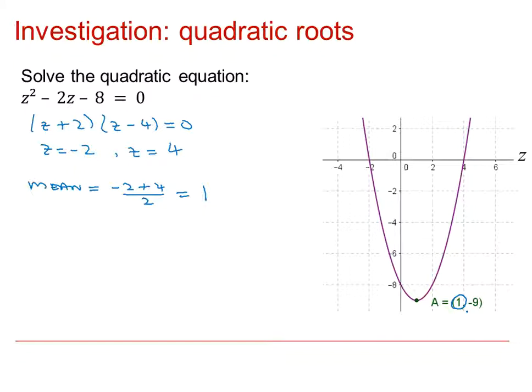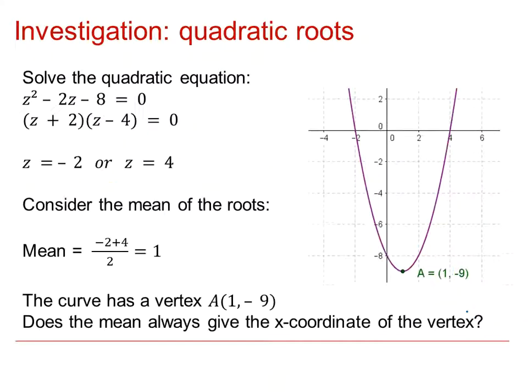So the question is, does the mean of the two roots of a quadratic give you the same value as the x-coordinate of the vertex? The mean was 1, the x-coordinate of the vertex was 1. Does the mean always give the x-coordinate of the vertex? That's what we're going to investigate.